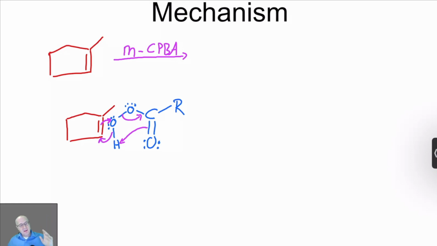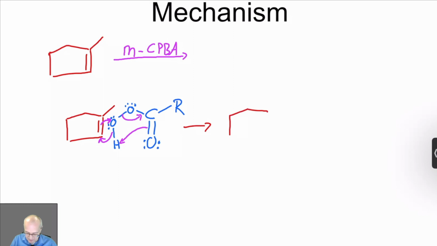Now, the key here is you have to understand this is a concerted mechanism, which means all of this stuff is happening simultaneously. So everything's happening at once. There's no chance for this reaction to be occurring on two sides of the molecule at once. There's not going to be any rotation. There's no inversion. There's nothing crazy going on here. Just this blue molecule is coming in from the bottom or from the top, and it's going to do it 50-50.